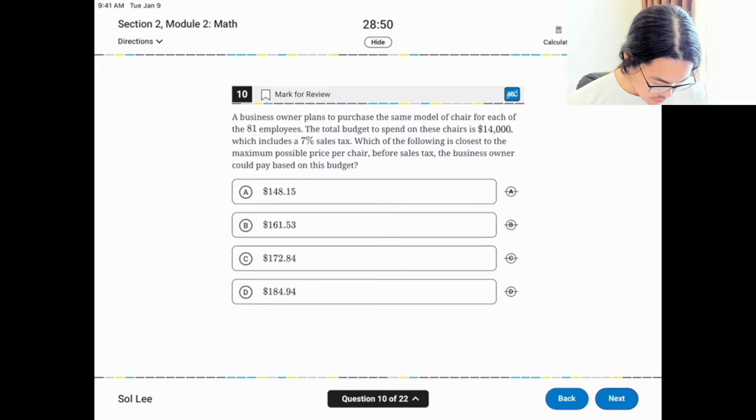A business owner plans to purchase the same model of chair for 81 employees. So 81 times the number of employees. Oh, no, 81 times the price. 14,000 has to be... Oh, wow, we'll have to include a sales tax. Before sales tax. Okay, we need to get 14,000.